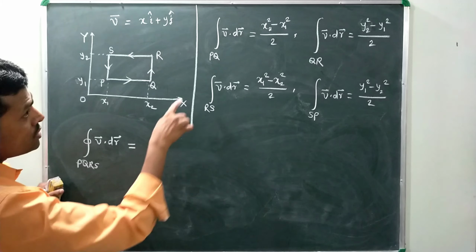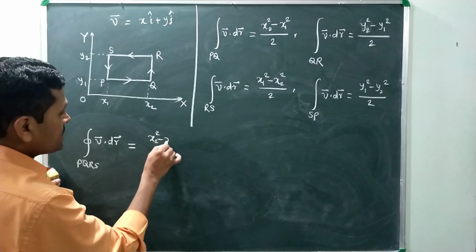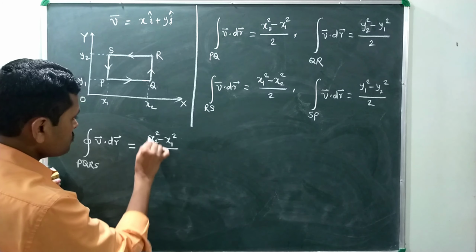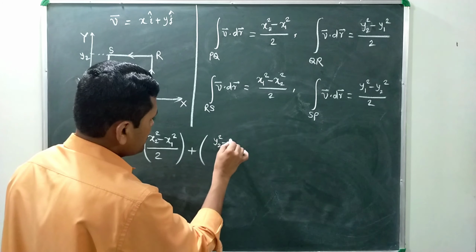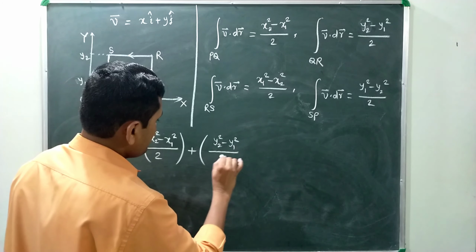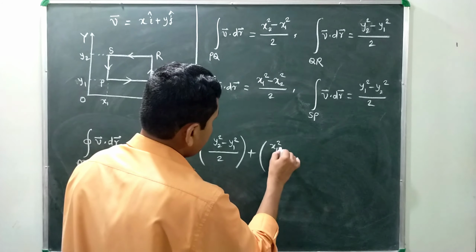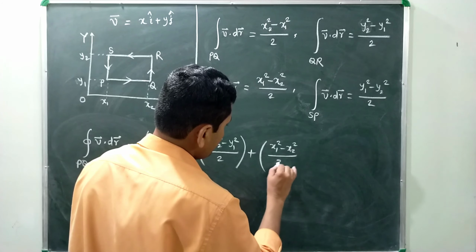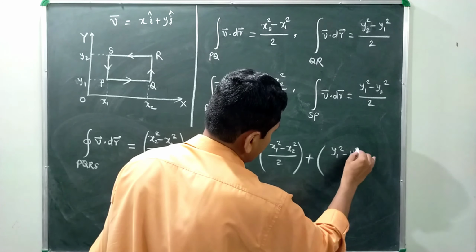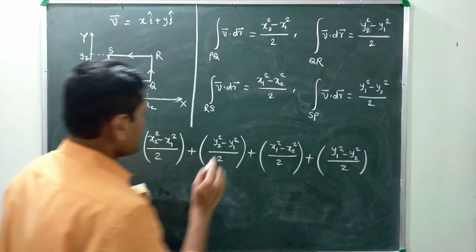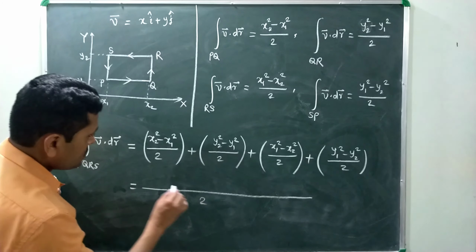So this will be equal to the sum of these four, means x2 square minus x1 square upon 2 plus y2 square minus y1 square upon 2 plus x1 square minus x2 square upon 2 plus y1 square minus y2 square upon 2. So if we add these four, what do we get?